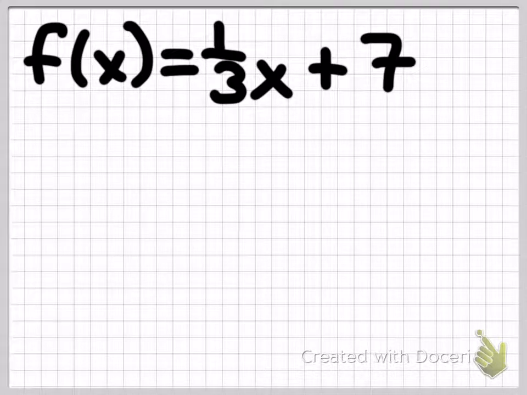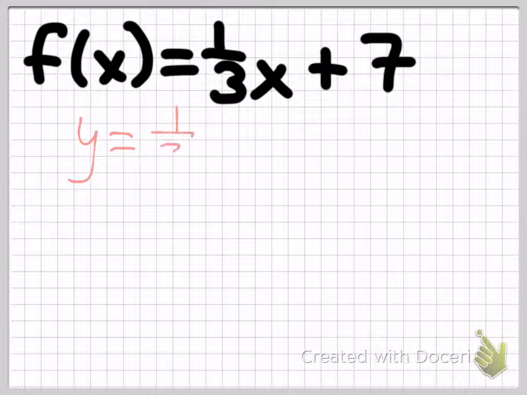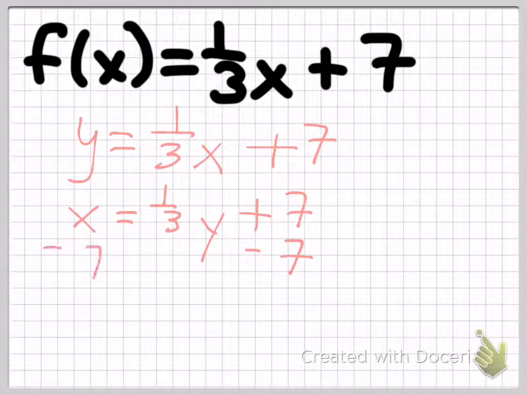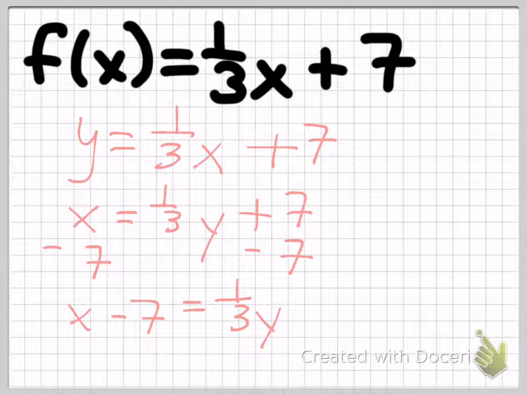I'm going to do the same thing here. Replace f of x with y. Switch x and y. And then solve for y. To cancel out a fraction, remember you multiply both sides by the reciprocal.